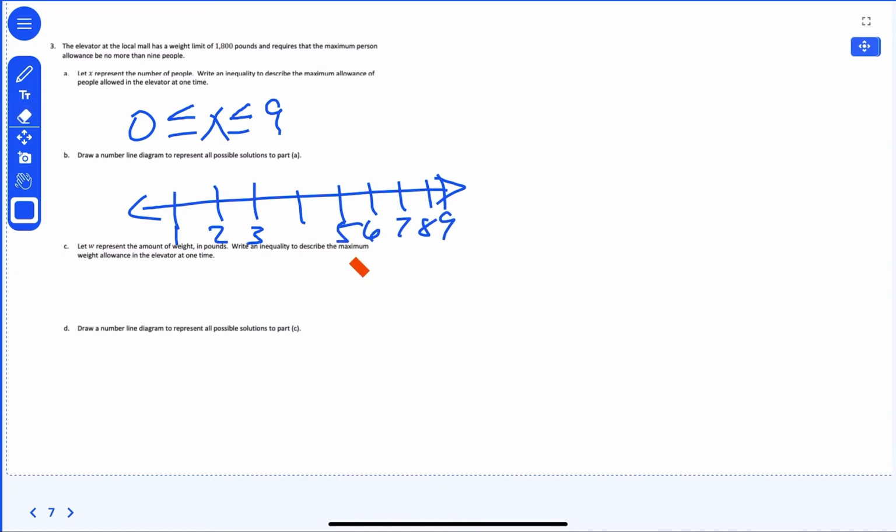Now remember how the other day I drew one dot and did the arrow in one direction. You cannot do that here, because can you have a 7.5 person? No. So these would all just be dots on the whole numbers.